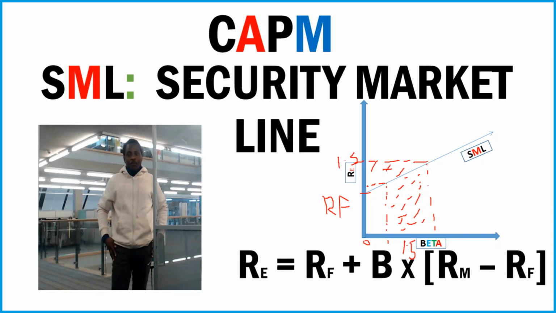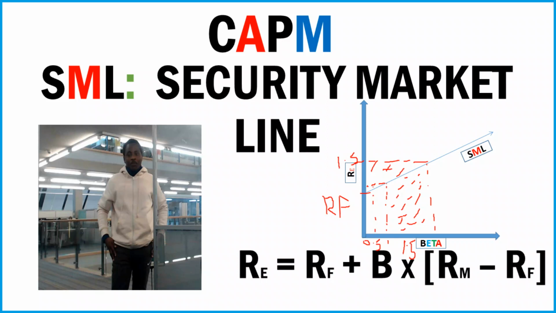Now we could equally have those that are under. We say they are defensive stocks. Let's say 0.5, those that are lower than the market risk, that is, a beta coefficient below 1. Then we can plot them and say they are lower.